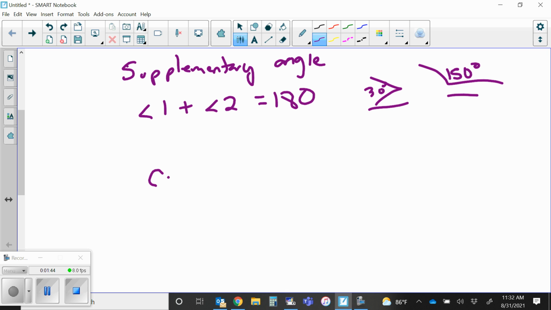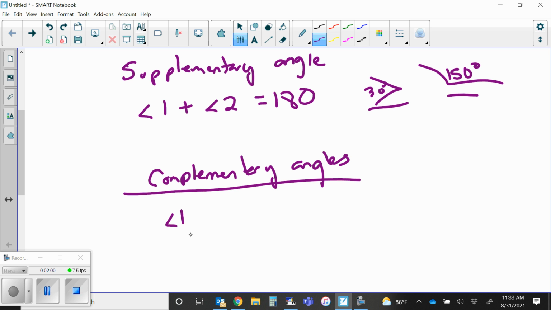And then we have this idea of something being called complementary. Complementary angles are angles that add up to 90 degrees. And the way that I help myself remember that is I say C comes before S like 90 comes before 180.